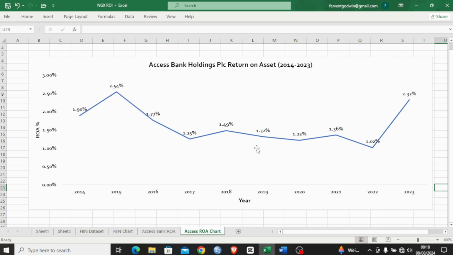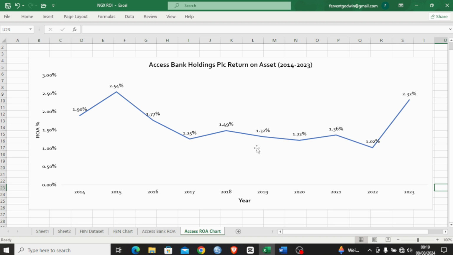We also have the tier 1 banks, which range from 1% to 2%, the tier 2 banks, which are mid-sized banks, at 0.5 to 1.5%, and the tier 3 banks, which are smaller banks, at 0.2 to 1%.